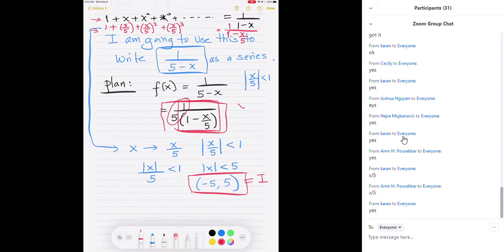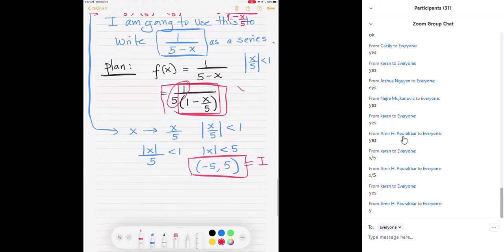Very good. And that's pretty much done. So here we go. I'm going to copy it down there, which I could write in notation as the sum from n equals 0 to infinity of (x over 5) to the n is 1 over 1 minus x over 5.